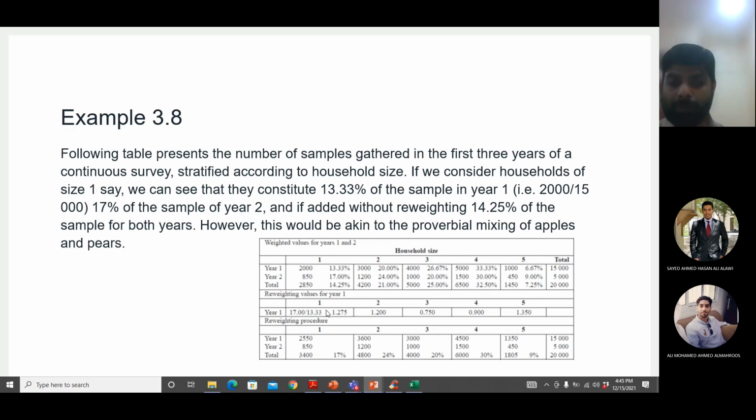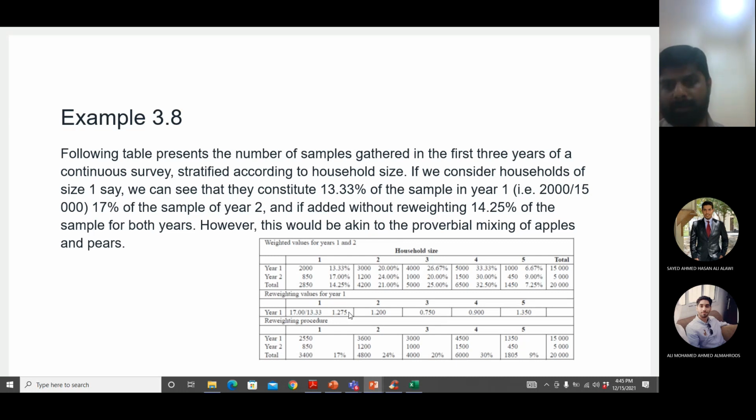So values from year 1 must be multiplied by 1.275 before adding them to the values of year 2. Okay, so the weighting factor for household size of 1 in year 1 is 1.275, which is the ratio of the percentage of this household size in the consecutive years.